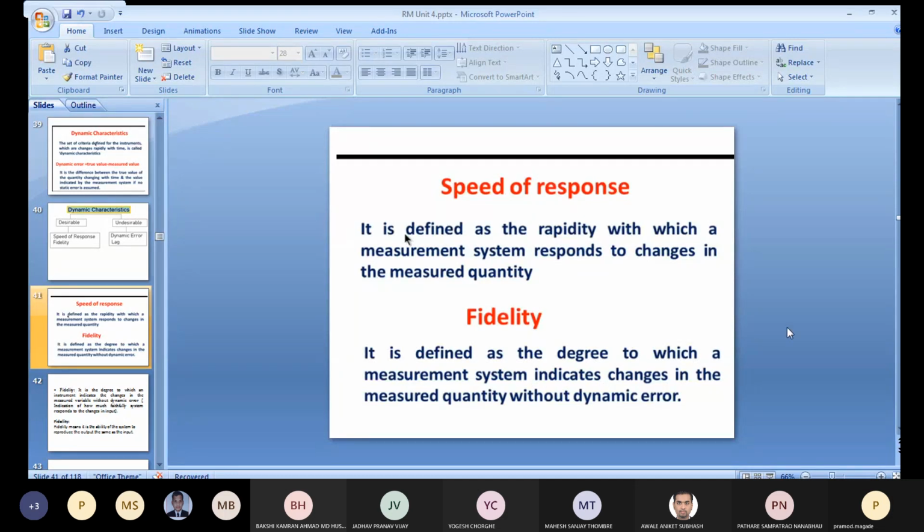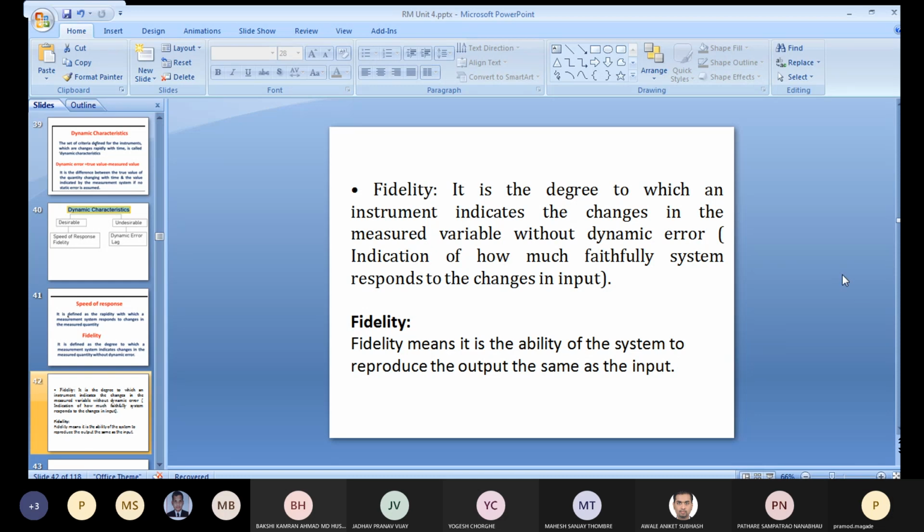So write down this, then you can write fidelity. Let's write down the definition. Fidelity is nothing but the degree to which an instrument indicates the changes in the measured variable without dynamic error.